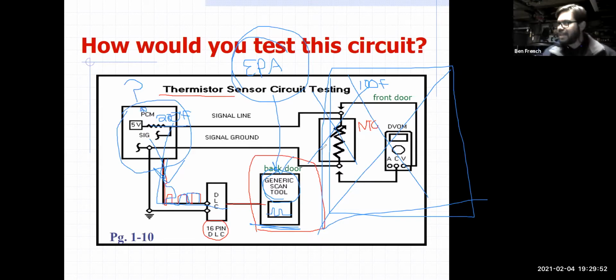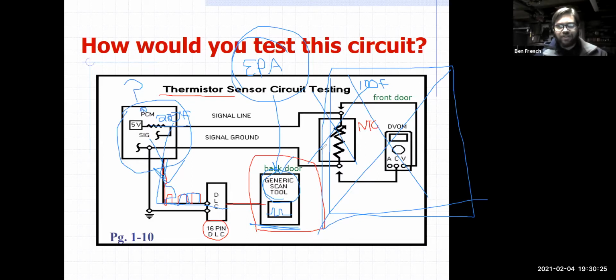So I could have my Snap-on Solus in manufacturer mode, where it's trying to simulate the factory scanner, and I can unplug stuff, and basically I can have the scanner lie to me. When I'm using my OBD2 generic scan tool, it's not supposed to. It's one of the rules that it can't lie to you. It could still interpret something incorrectly, but it can't just falsify numbers. Okay. So that's one of the nice things.